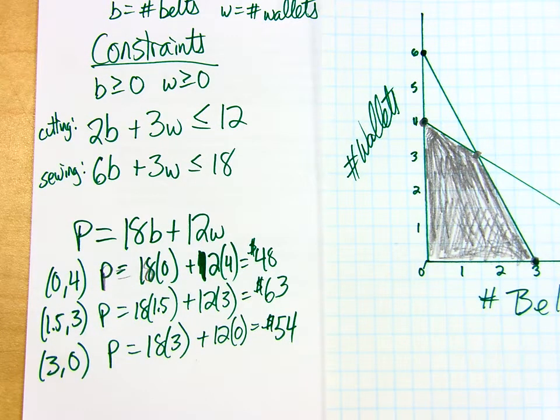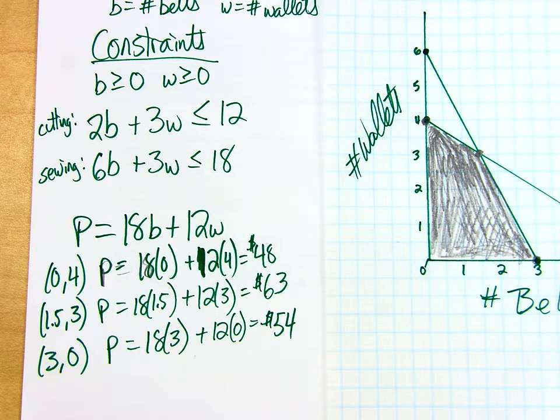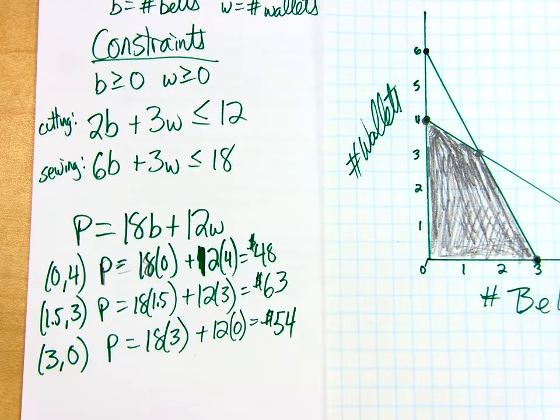Here's actually a great question now. Let's say it's a normal average week. I'm going to try and make 1.5 belts and 3 complete wallets. Let's say, however, I'm about to leave for a festival. So I'm just going to take my inventory with me and I'm going to sell it.